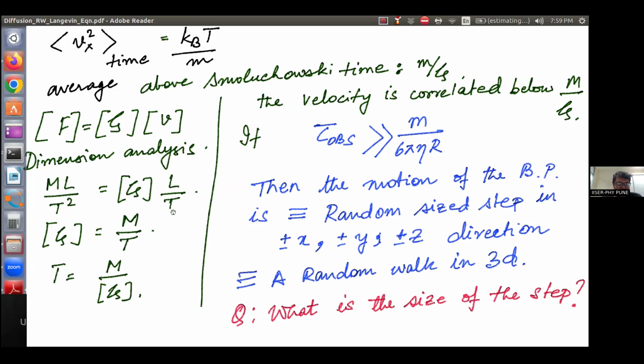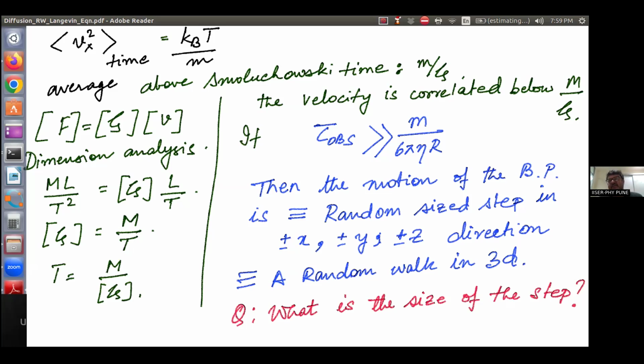Force has dimensions of M L by T square. And velocity has dimensions of L by T. You can immediately get that zeta has dimensions of M by T, and T has dimensions of M by zeta. So m by zeta will give a certain time scale. Below this time scale, it will have its memory of the velocity correlation.